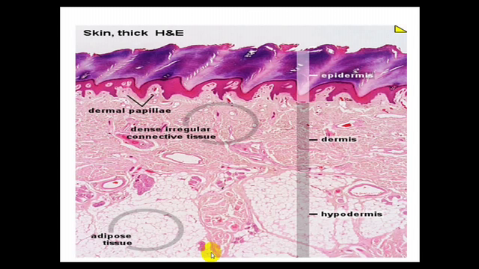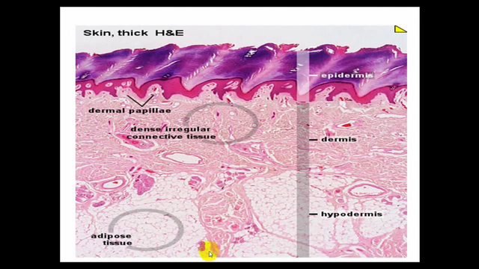Number 1 is the Pacinian corpuscle, which responds to pressure and vibration. Number 2 is the Ruffini corpuscle, which responds to tensile force. Number 3 is the Krause end bulb, whose function is still unknown.